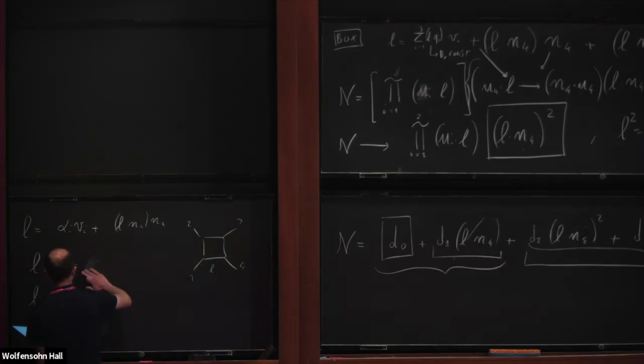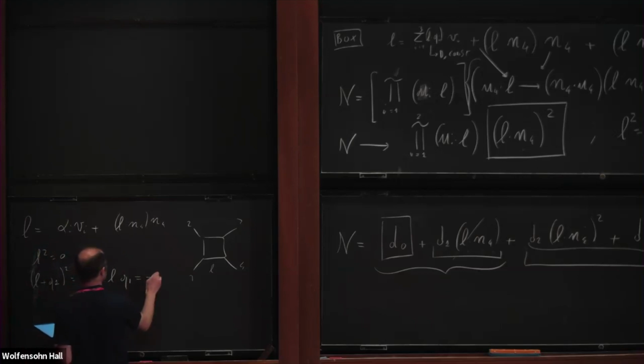Sorry, I said something stupid. So what we know is that L squared equal to 0, then (L plus Q1) squared is equal to 0, plus Q2 squared equal to 0, plus Q3 squared equal to 0. So this tells me that L squared, which is 0, plus 2 L dot Q1 is equal to minus Q1 squared. So the cut condition is that 2 L dot Qi is minus Qi squared.